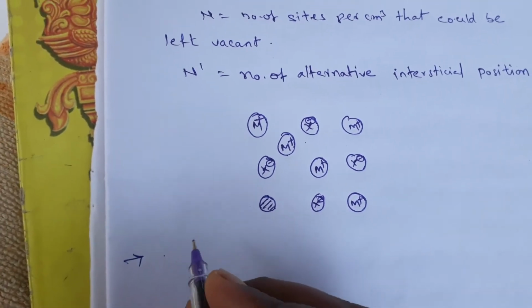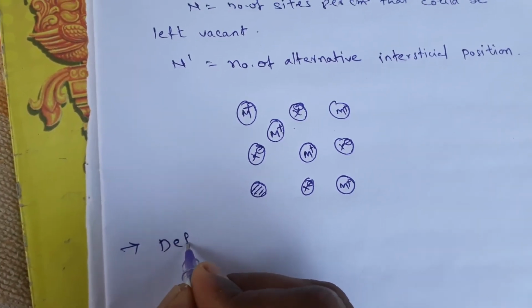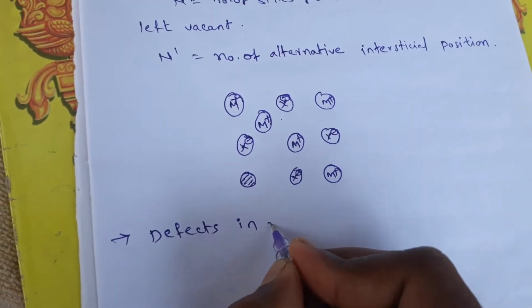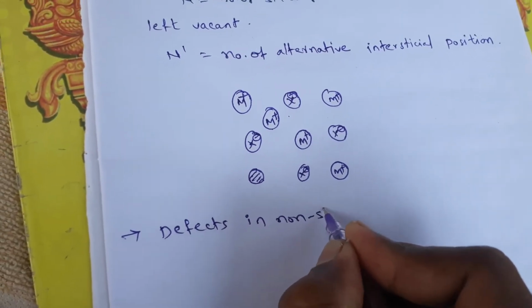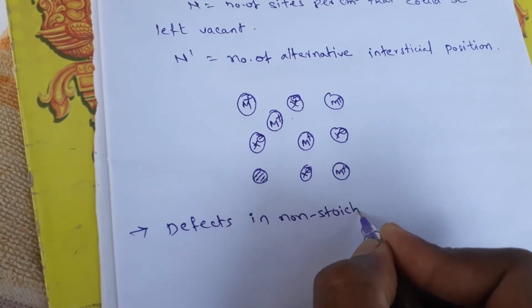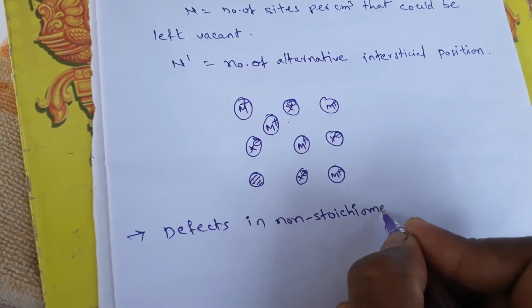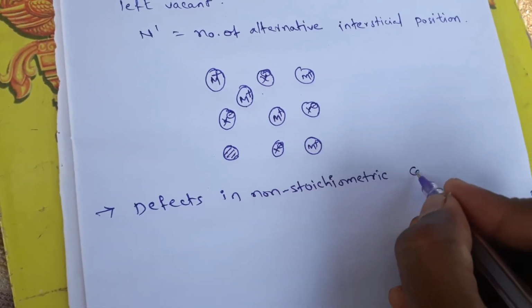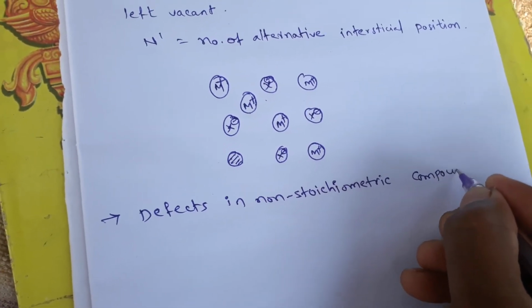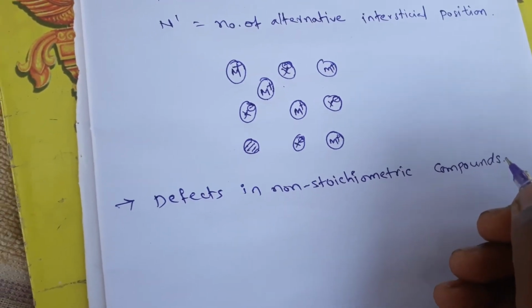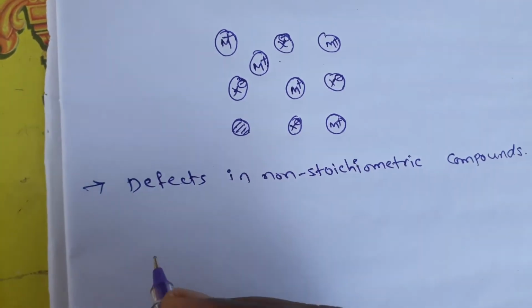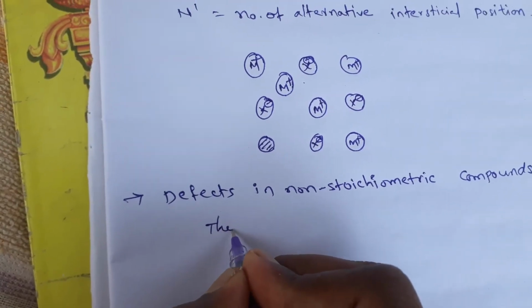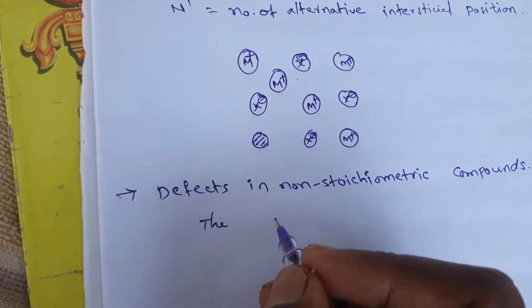Next thing is defects in non-stoichiometric compounds. So what are, first of all, the non-stoichiometric compounds?